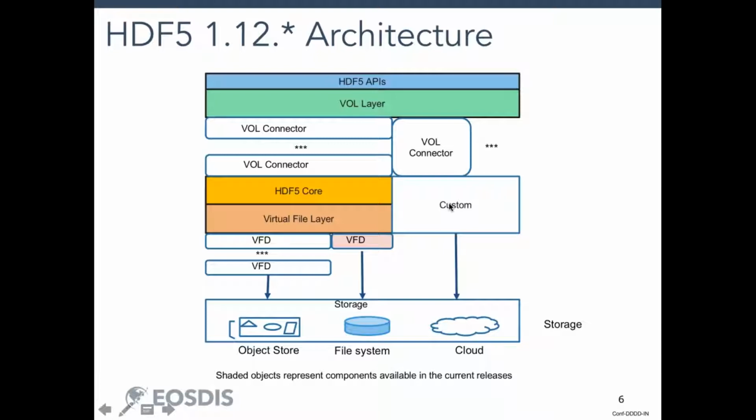So the new architecture: on this plot you see shaded objects that represent the components that are available in the current releases. Whatever is not shaded is coming in the new release.